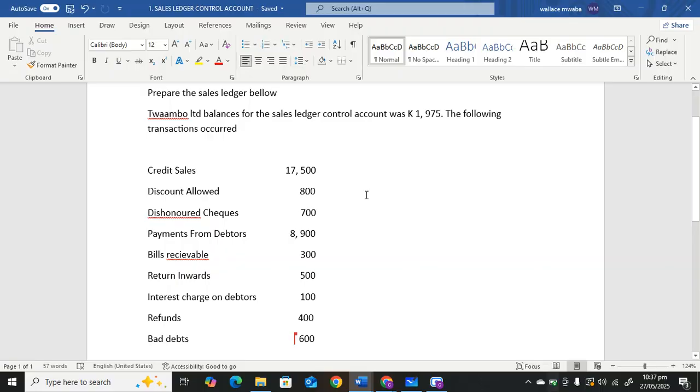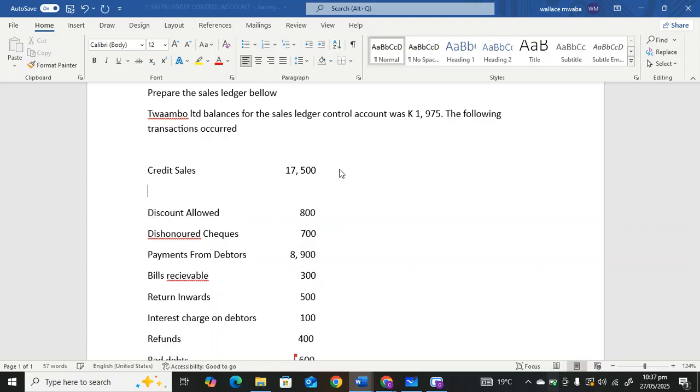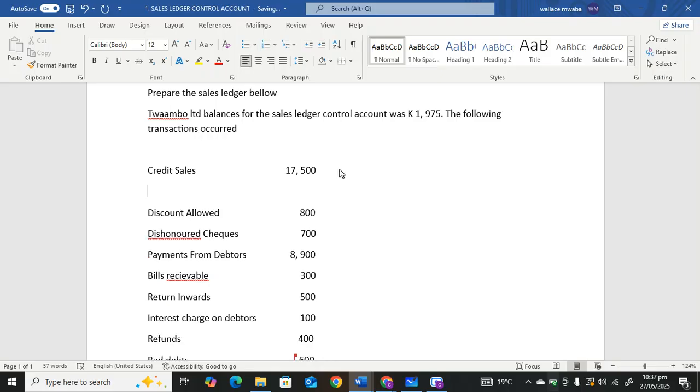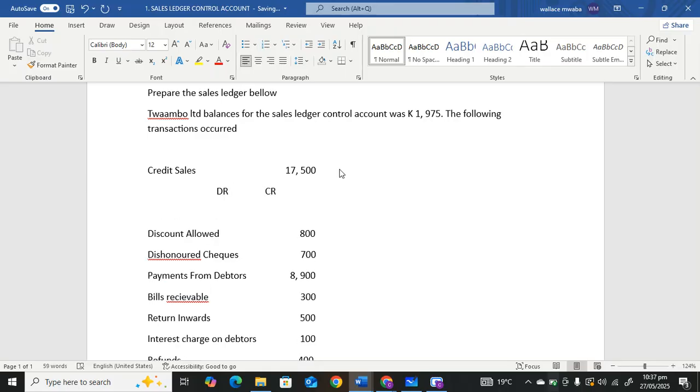Okay, let's be even more intuitive. Colleagues, whenever there's a credit sale, what is the journal entry? Who do you debit and what do you credit?